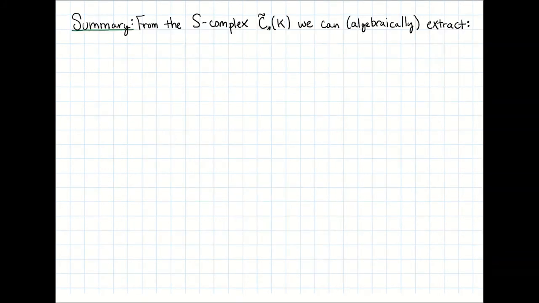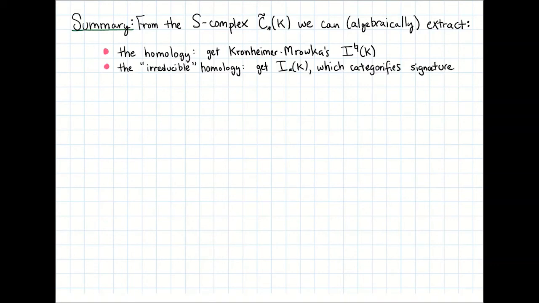we construct this S complex for a knot, and then from it we can algebraically extract a number of other invariants. For example, if we take the homology, we recover Kronheimer and Mrowka's I natural. If we take the so-called irreducible homology, we get this interesting theory I star of K, which categorifies the knot signature.